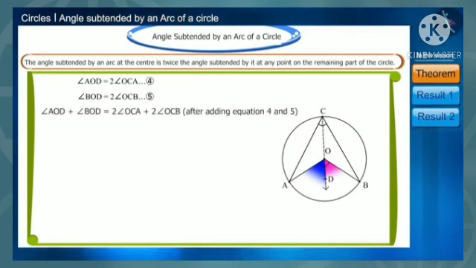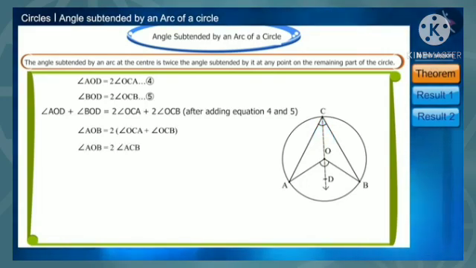Combining the angles AOD and BOD, we get angle AOB. By combining the angle OCA and the angle OCB, the angle ACB is obtained. You can see that the angle AOB is twice the angle ACB.